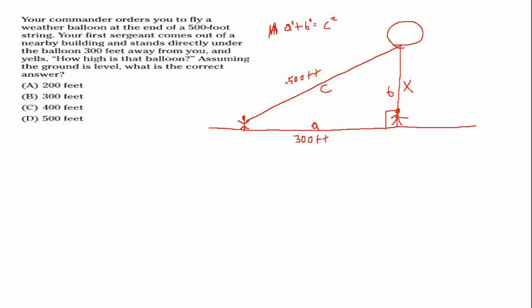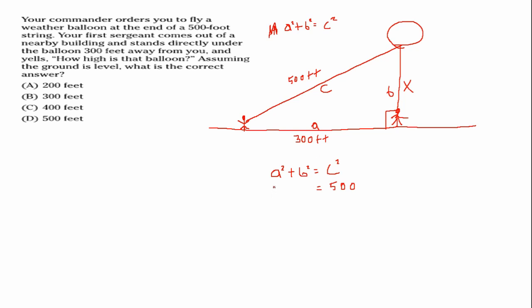Okay? So let's just plug things in. I'm just going to copy this formula down here again. A squared plus b squared equals c squared. I told you that hypotenuse is always across from the right angle, so we know that's 500.